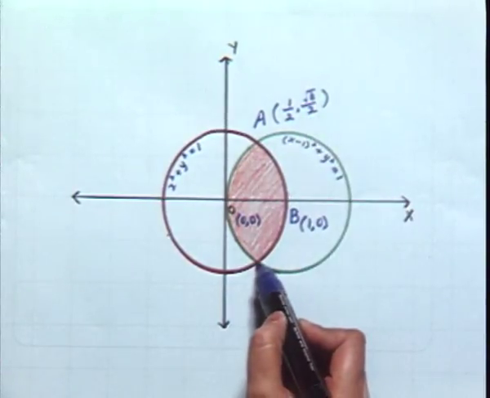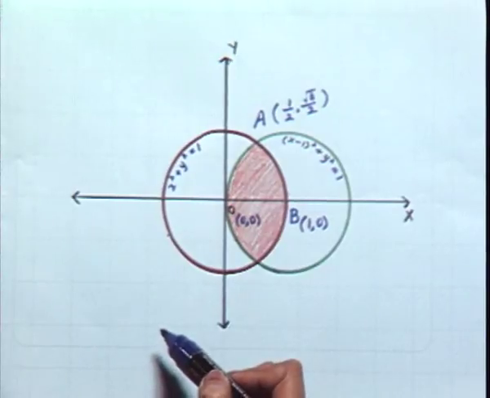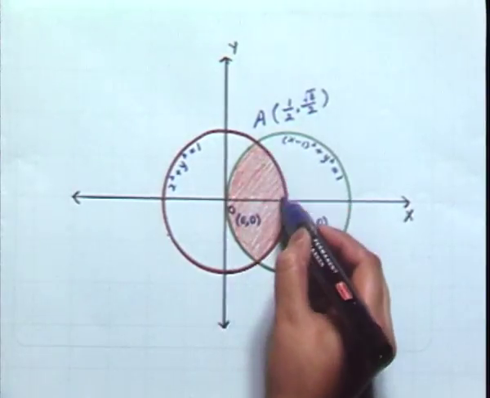You will have also the corresponding value here as x is equal to half and y is equal to minus root 3 by 2. Now, I have shaded the region here, but you can see that the total area required is twice the area in the first quadrant.